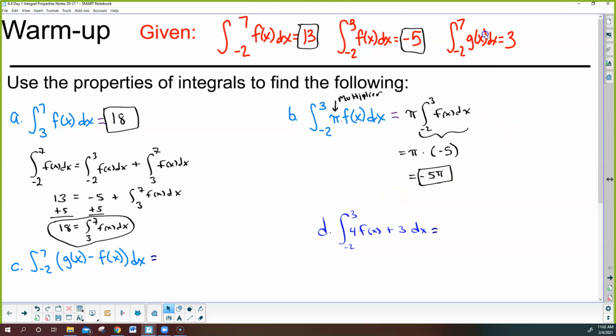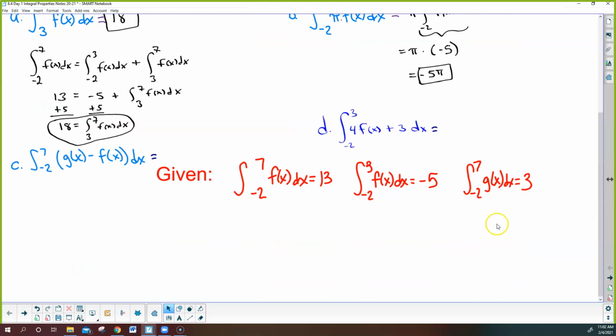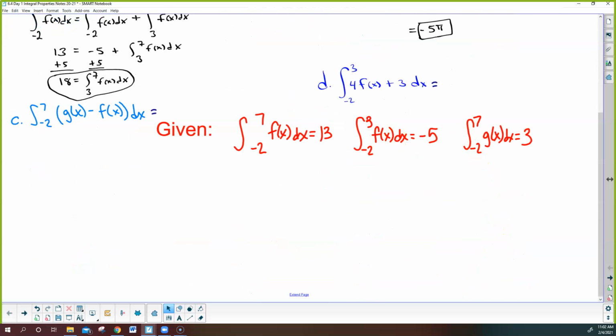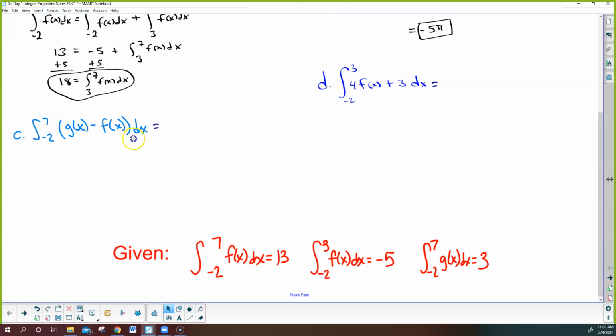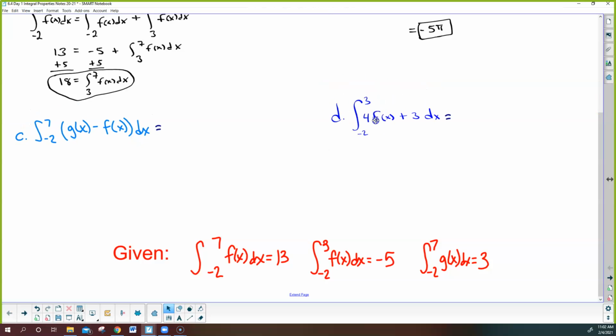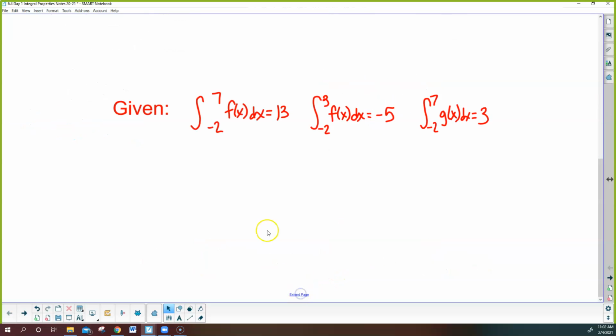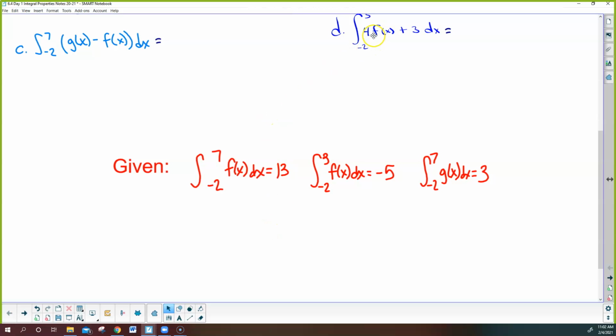All right, I'm going to bring this stuff down here because I need these facts from above to do part C and part D. And part C is really quick.